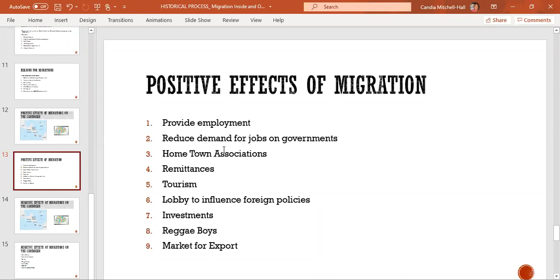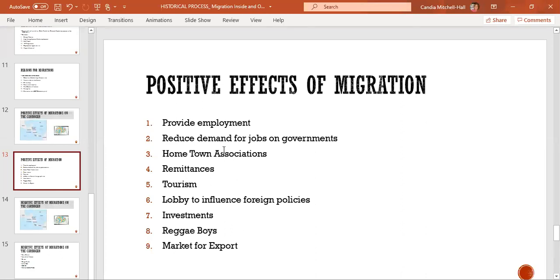So we have hometown associations. Where I used to live in the country, the persons who migrate to the US from that area came together and formed an association, and someone in the group was a medical doctor, and she got some members of her staff to return to the community.